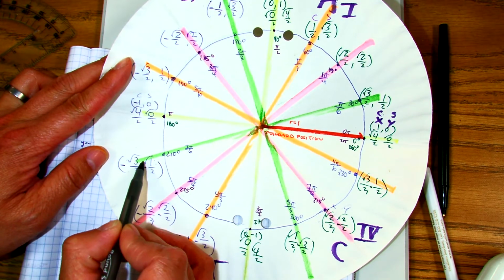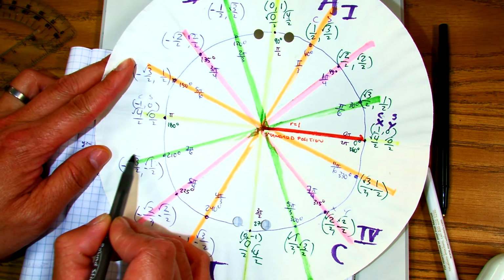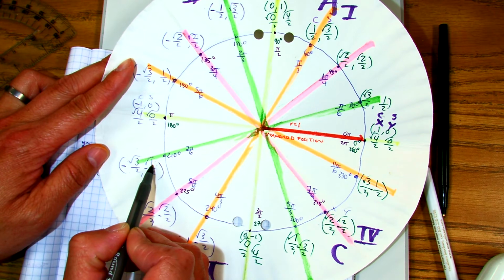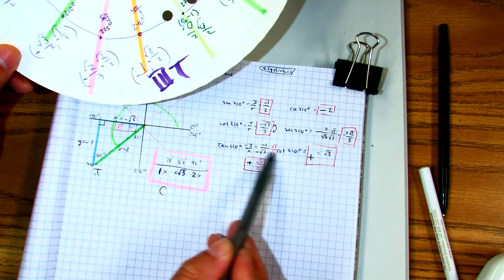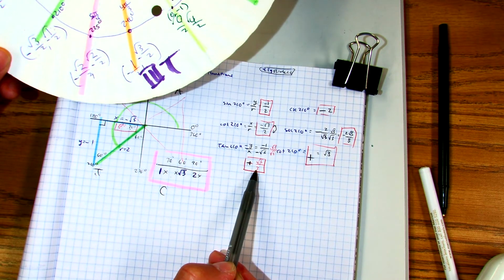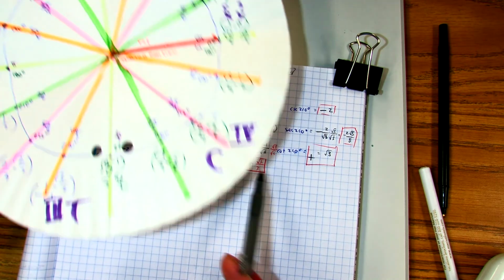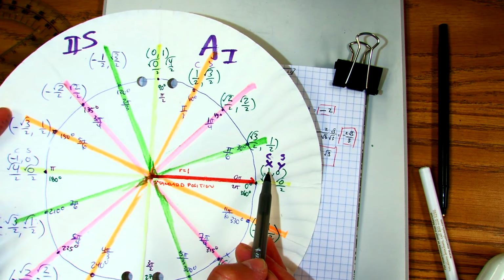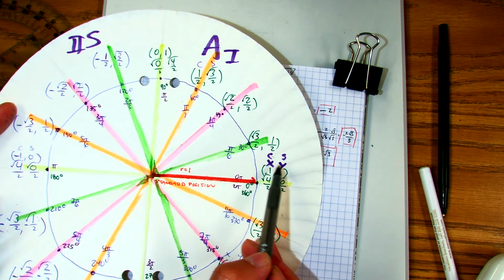That's a negative radical 1, or negative 1. And this is the x, negative radical 3. So tangent is negative 1 over negative radical 3. And you rationalize that, you get this as your answer. Okay? That means in 2 chapters, we're going to learn about the identities, that basically tangent is sine over cosine by the quotient identity. Okay, you don't need to know that for now, but you need to know that tangent is y over x.